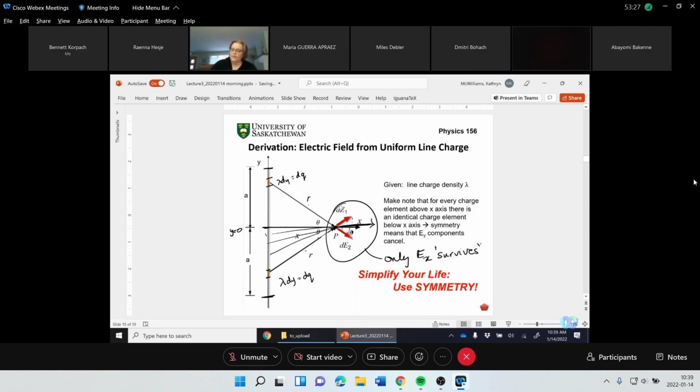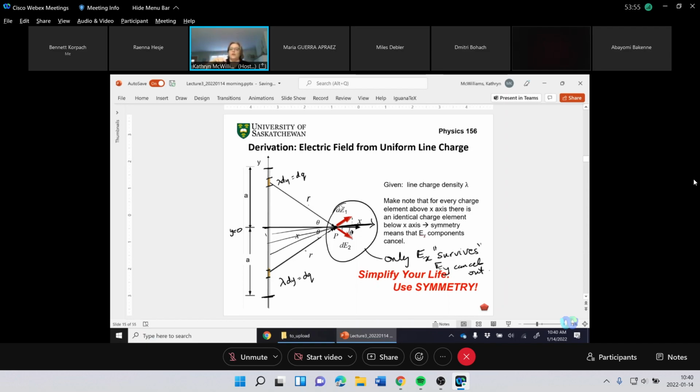Okay, so here only the X component of E survives. The symmetry says we only need to do this in one component. Really, we just have to get our trigonometry figured out. For every charge element above the x-axis, there's a counterpart below the x-axis at the same distance that will cancel out those y components of the electric field.